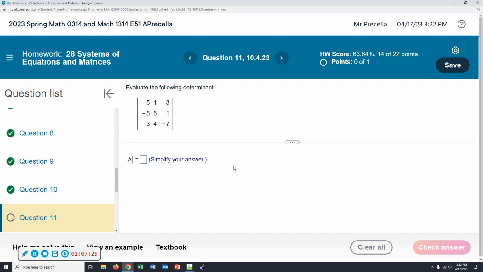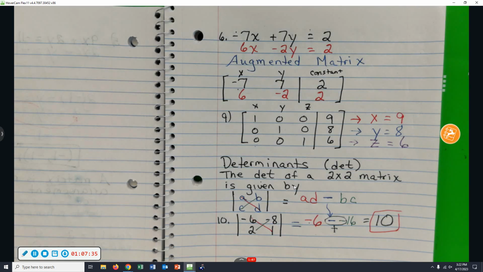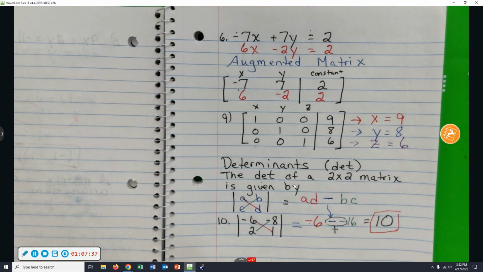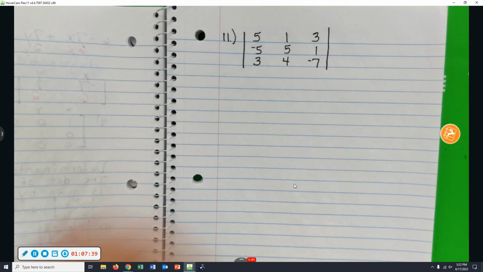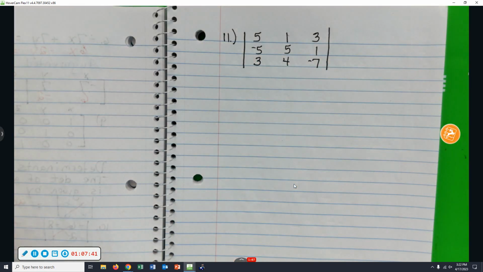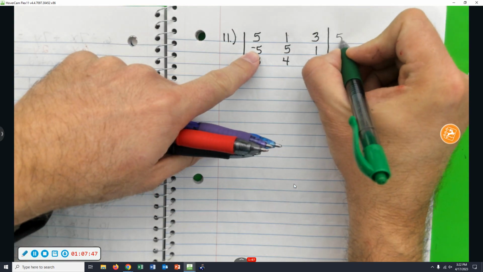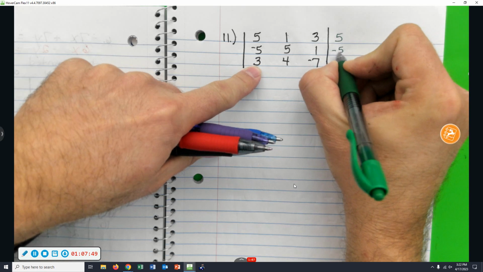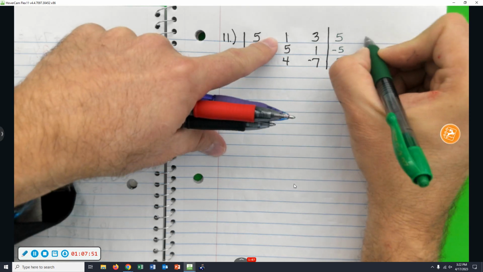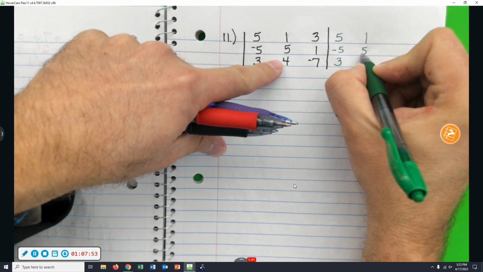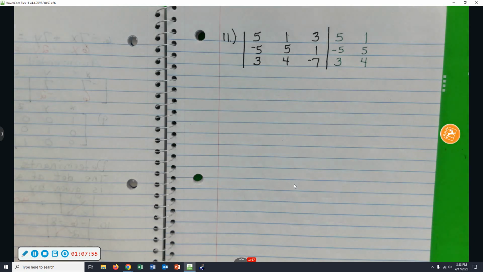There's more to it than what we were doing with the 2x2. When you have a 2x2, it's just make the little X. For a 3x3, you've got to recopy the first 2 columns. So right here, I'm recopying 5, negative 5, 3, 1, 5, 4.